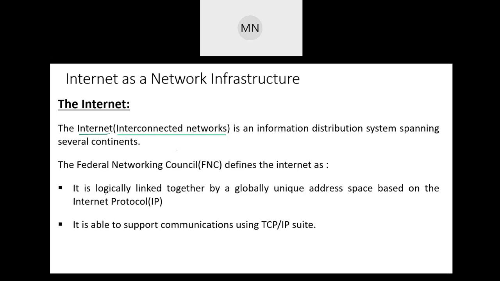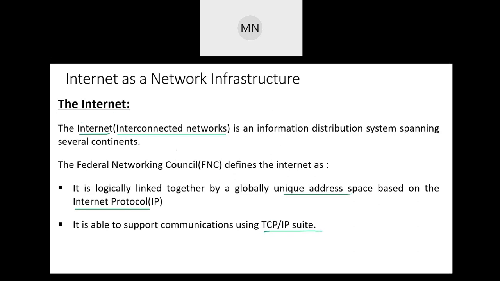The Federal Networking Council defines the internet as logically linked systems together by a global unique address space based on the internet protocol, and this internet uses the TCP IP suite to perform the communication.